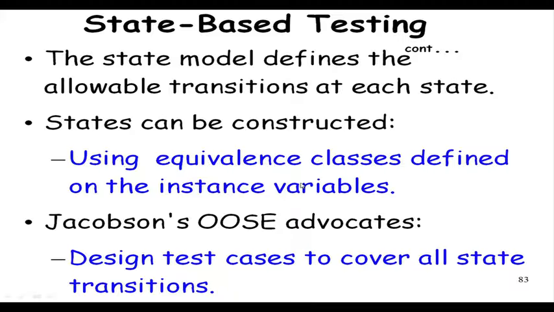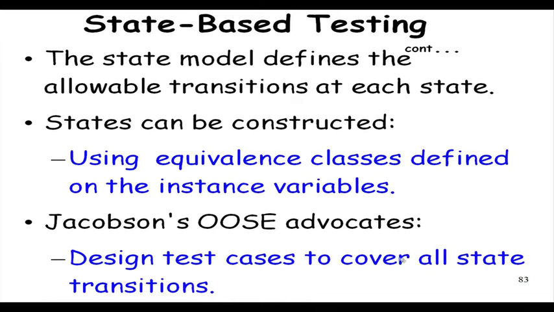And once we have the state model, Jacobson's object oriented software engineering advocates that we have test cases to cover all state transitions, and not only that, in each state all the methods have to be tested. So, it is not enough to test the methods once; we have to have all the states covered.